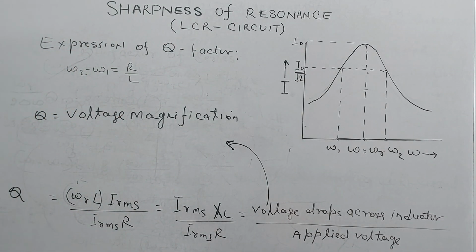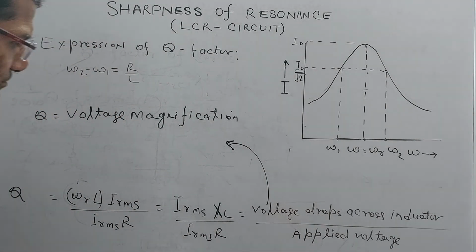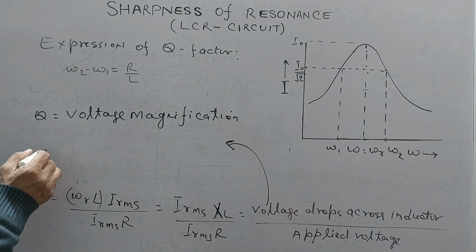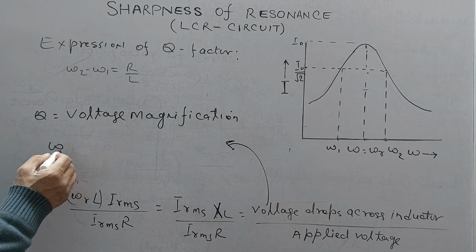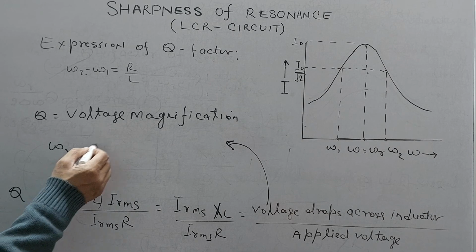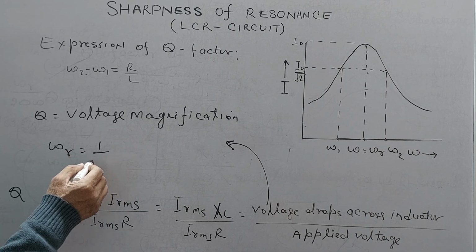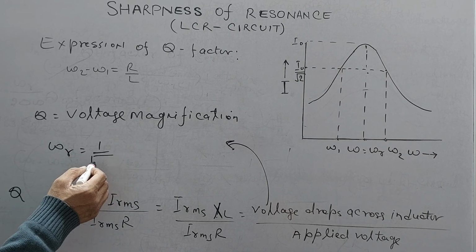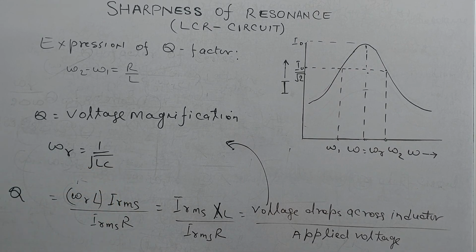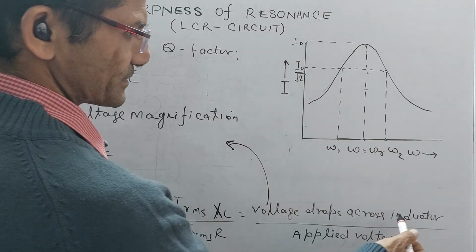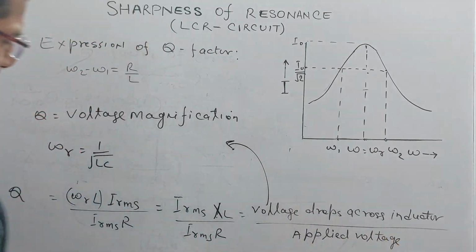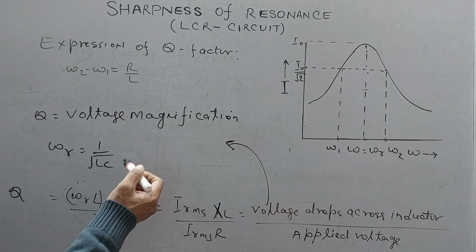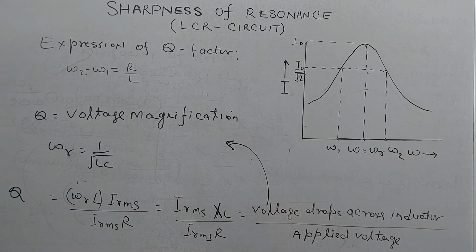So we can also change it using the formula of the ohmic resistance. We know at resonant frequency the value of omega is 1 over root LC. We can also convert this inductor's XL in terms of XC. So therefore voltage magnification has another value.